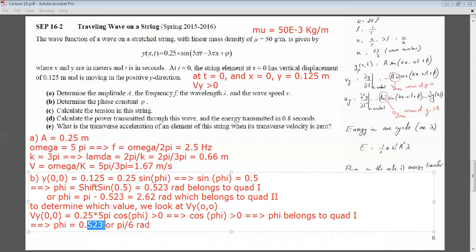It's the same. So we got the phase constant.